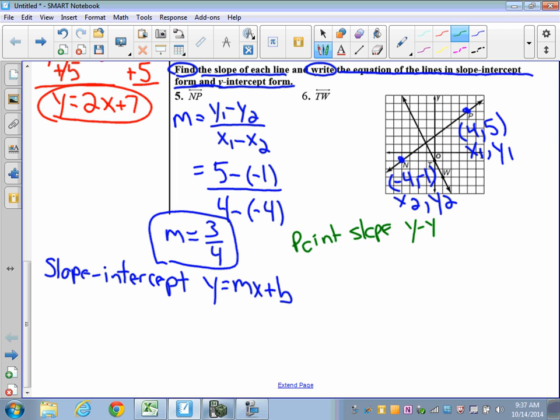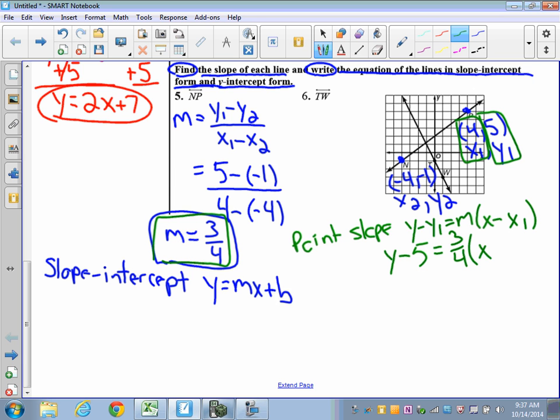That was y minus y1 equals m times x minus x1. So whenever I plug this in, remember there's y1 and x1. Y minus 5 is equal to m, which comes from here, 3/4 times x minus 4.